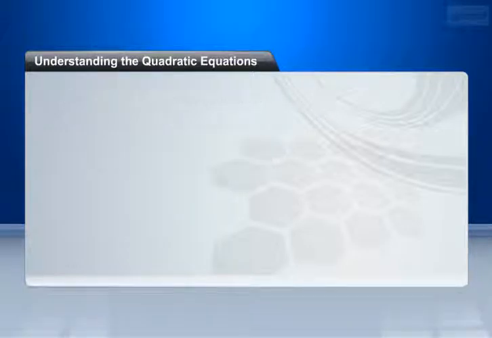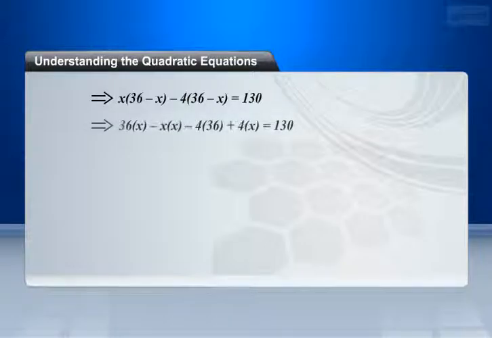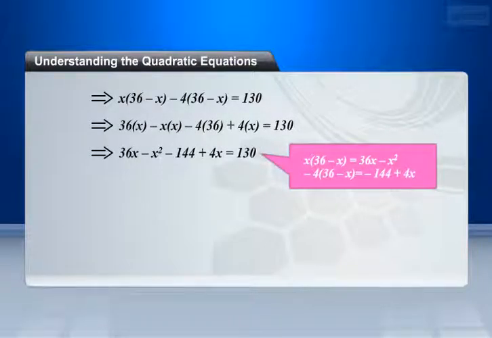This implies that x into (36 minus x) minus 4 into (36 minus x) equals 130. This implies that 36x minus x square minus 144 plus 4x equals 130. Rearranging the terms, we have minus x square plus 40x minus 144 minus 130 equals 0.